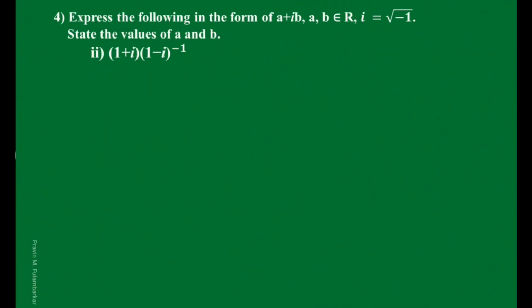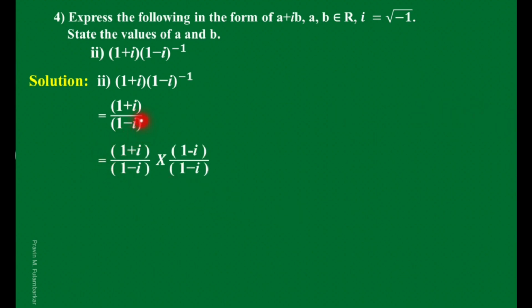Now see the second example. (1 + i)(1 - i) raised to the power -1. So this power -1 can be written in the plus form, taking that power as positive, by writing it in the denominator. First we write this (1 - i) as 1 upon (1 - i) raised to the power plus 1.